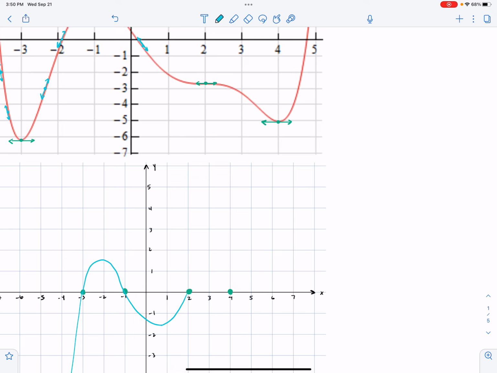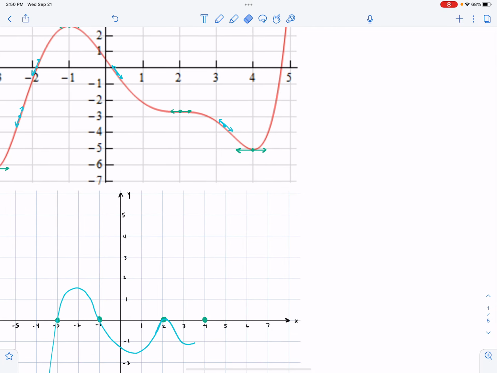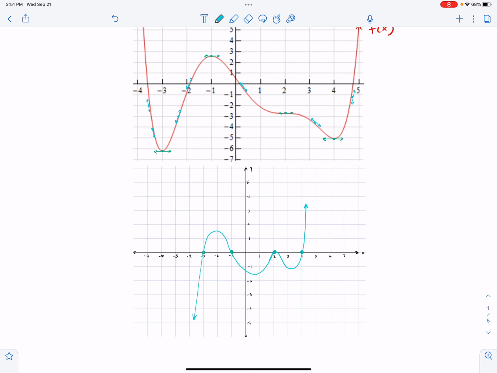And then between 2 and 4, still negative sloping tangent lines. So the graph isn't going to cross the x-axis at 2. It's going to bounce off of the x-axis. And then to the right of 4, from 4 to infinity, it looks like there would be positive sloping tangent lines again. So the graph would cross and be positive. So something like that would be a sketch of f prime.